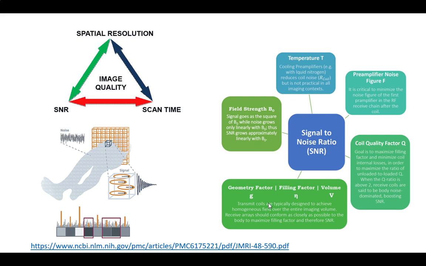So that's all there. And then the overall field strength. This is why people keep cranking up the magnetic field strength of these, because the better my field strength, the better signal to noise ratio I'm going to get. That's what they're trying to improve.